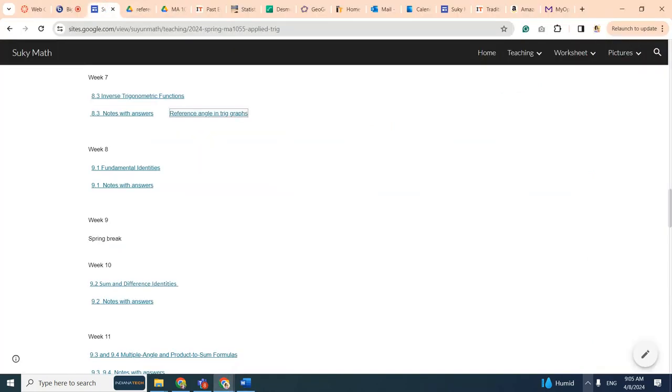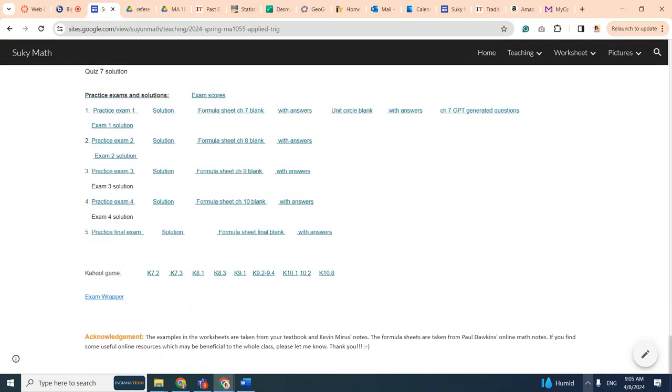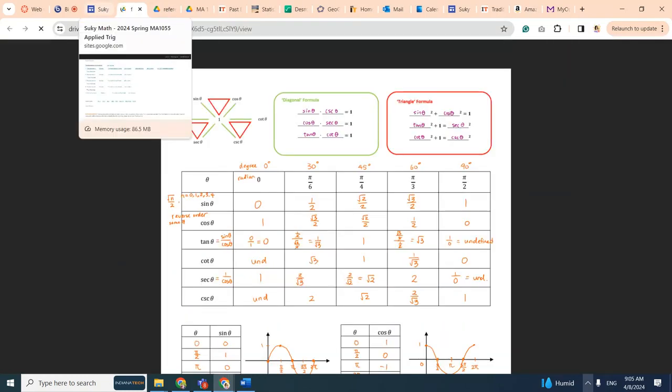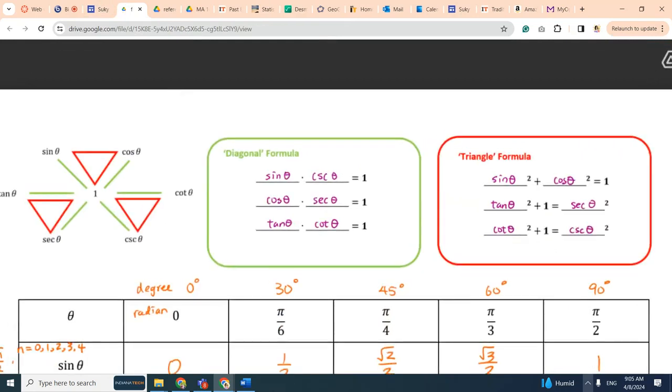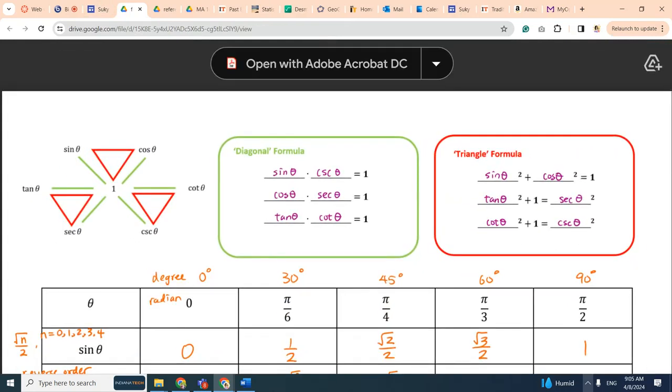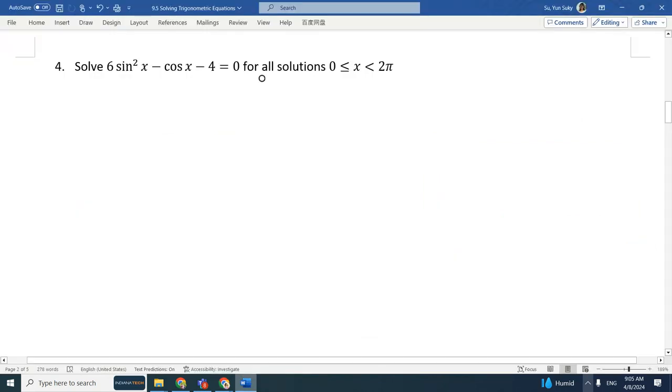So be familiar with the trig identities. I gave you the chapter 9 formula sheets. You have been practicing it a lot, and you know sine squared plus cosine squared equals 1. Therefore, we can express sine squared as 1 minus cosine squared.